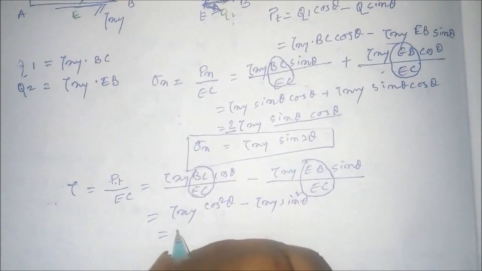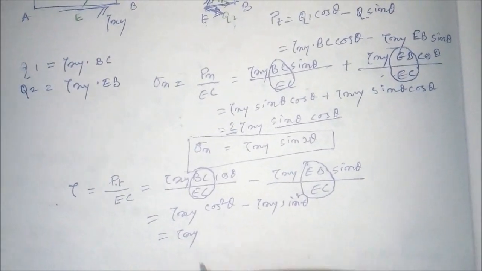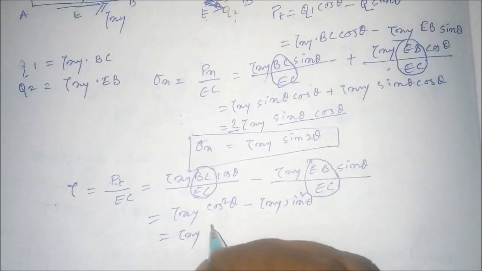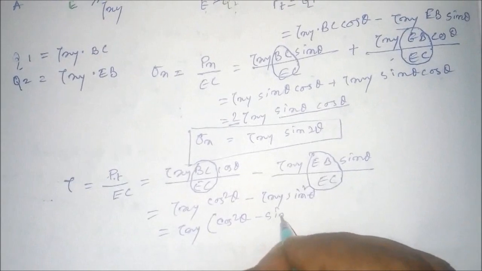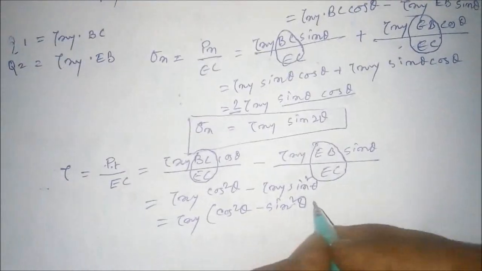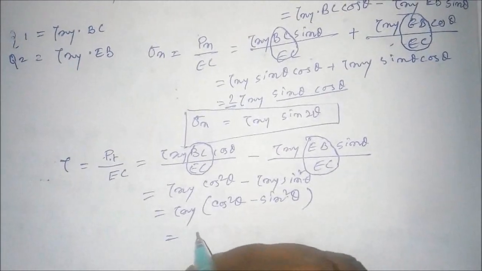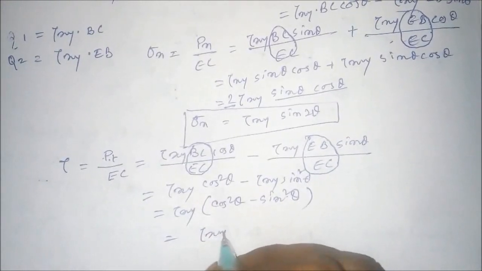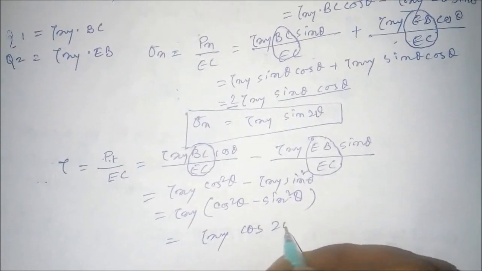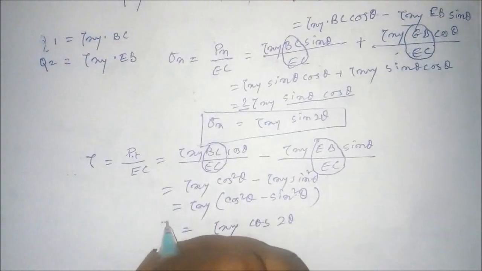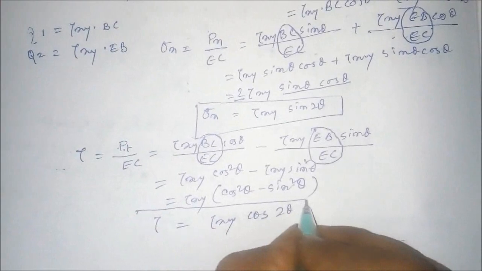If we take tau xy as common, this will be cos square theta minus sin square theta, right? So this is nothing but tau xy cos 2 theta, right? So this is the value of tau.